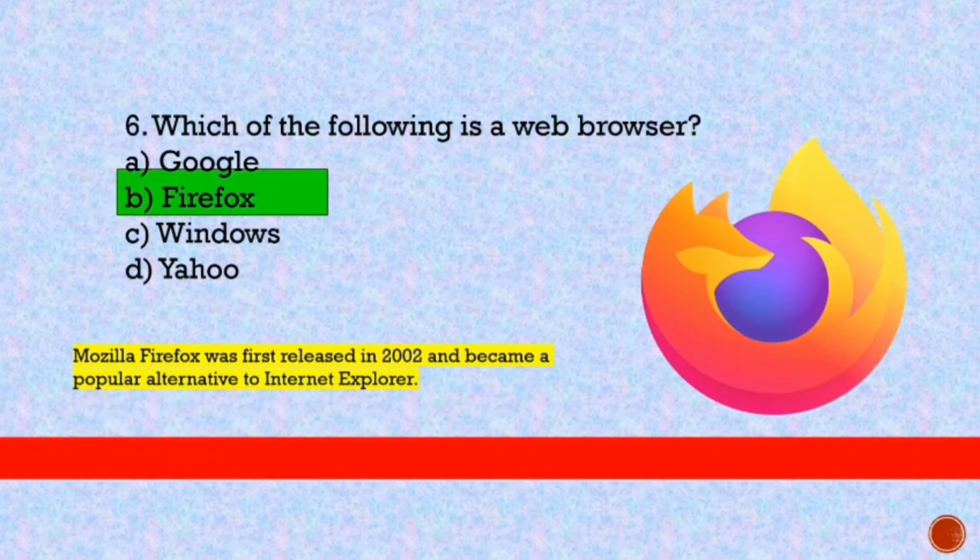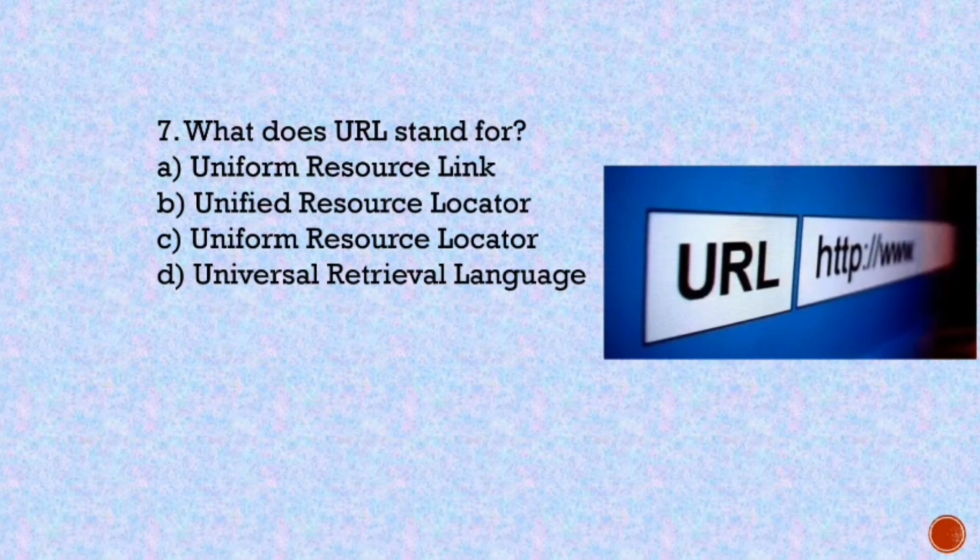Mozilla Firefox was first released in 2002 and became a popular alternative to Internet Explorer. Here, Google is a search engine. Many people confuse that Google is a web browser, but Chrome is a web browser while Google is a search engine.